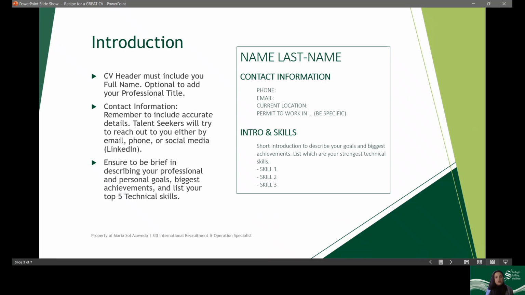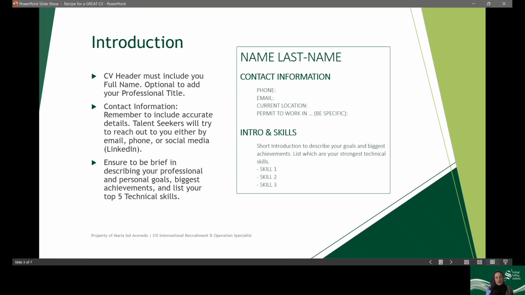Recruiters also use this as a tool to reach out to candidates. And if you are currently working or looking for an opportunity abroad, I highly recommend you adding if you have the work permit or not, or will you require sponsorship. Make sure the information is accurate and correct, and add that as a valuable piece of information to your resume.